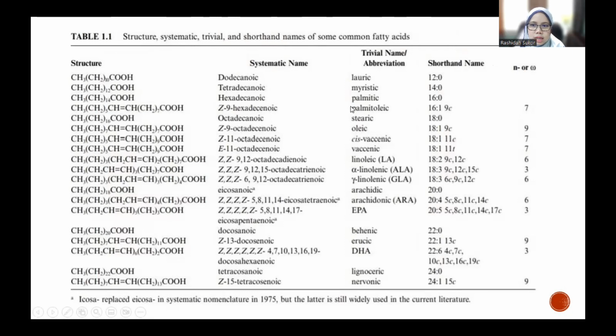Palmitic is 16:0, no double bond. Octadecanoic acid is stearic acid, also no double bond. Then we have oleic acid, 18:1, with 9 being the location of the double bond.